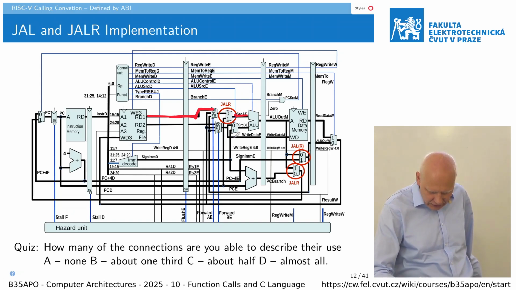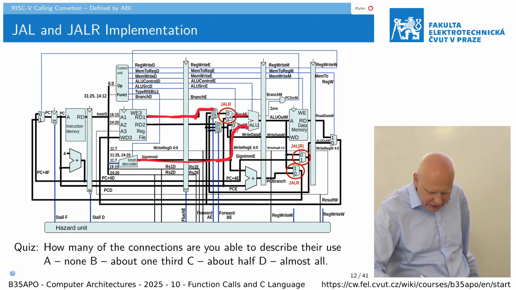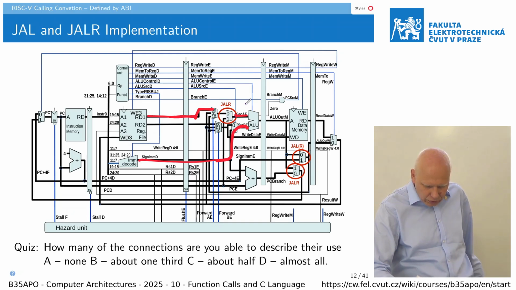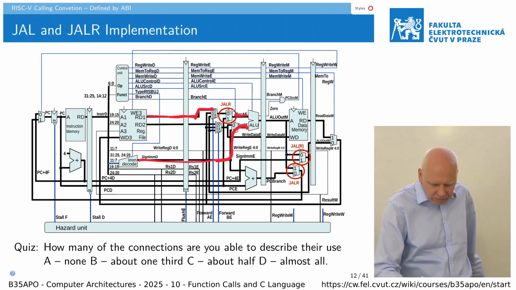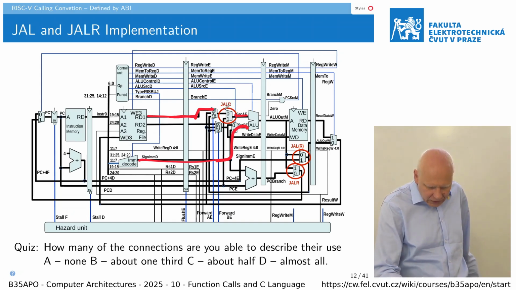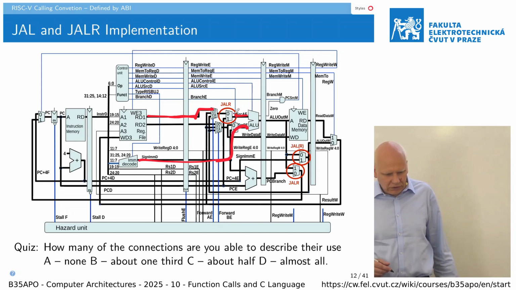So we need to add another multiplexer which allows us to combine the value, because it is PC relative, with the program counter or with the register. So we have those two options. For the jump and link relative, we will use directly the value from the register, add the value and use it, or we can use the program counter value in this location.